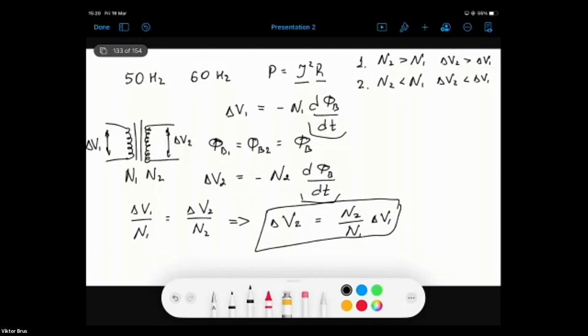However, there is the third option, and you may already consider this, that N2 is actually equal to N1 and delta V2 is equal to delta V1.